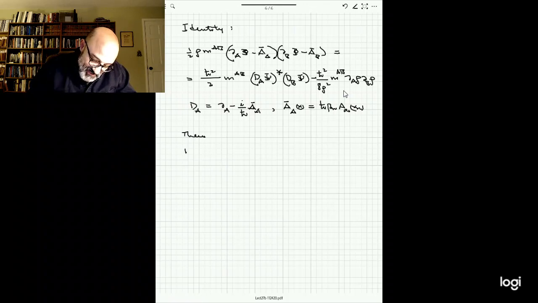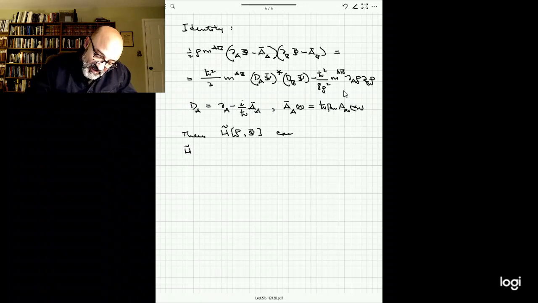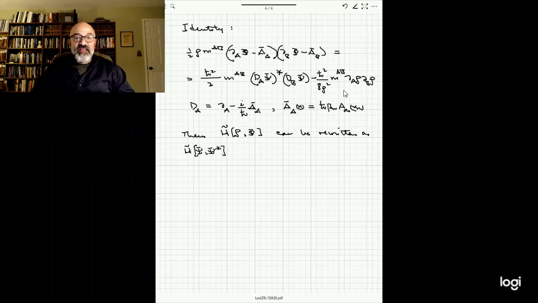In any case, the Hamiltonian, which was originally written in terms of rho and phi, can be rewritten as a Hamiltonian that depends on psi and psi star.